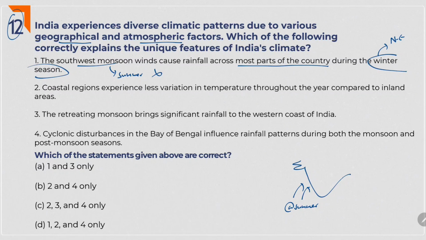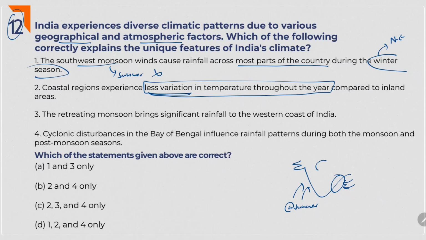Coastal regions experience less variation in temperature throughout the year compared to inland areas. Yes, already we have discussed annual range and diurnal range in the previous questions. This variation of temperature throughout the year is also the same concept. If you see these coastal areas, they have impact of sea on the temperature there.